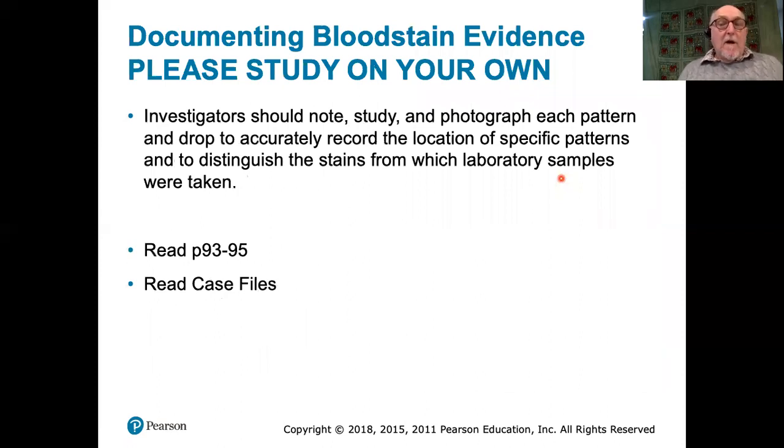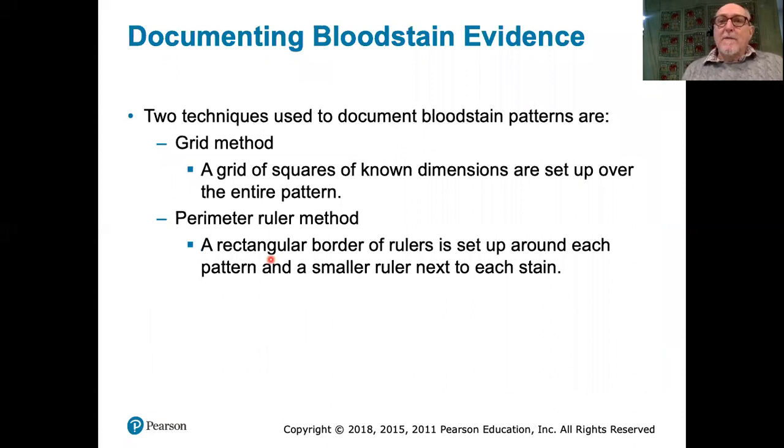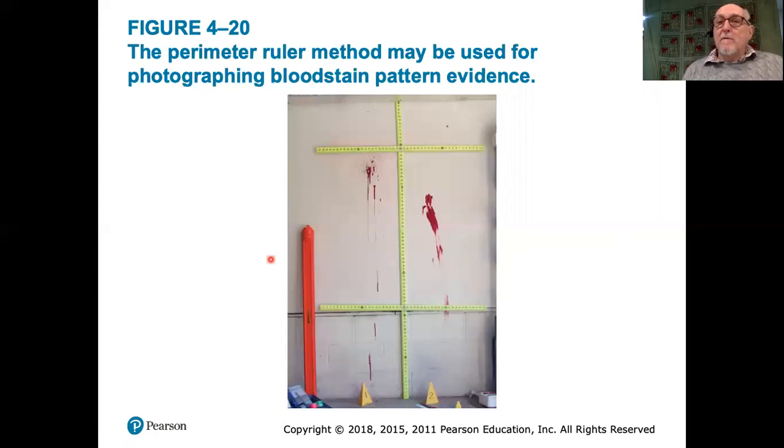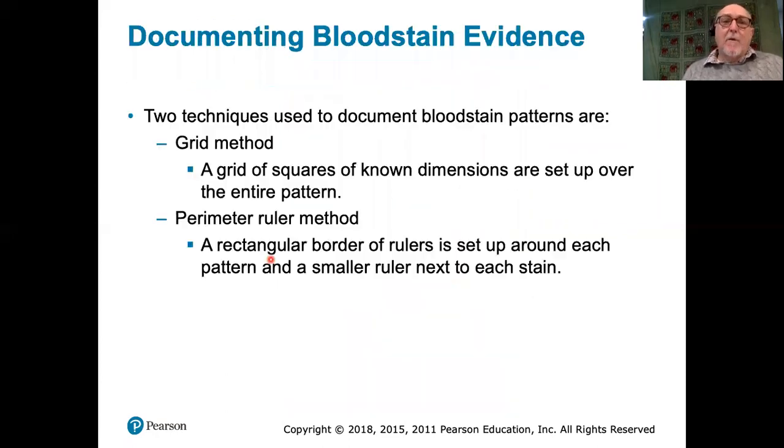Okay, so the last little bit, please, will you just read on your own? This is just a page or two about documenting. It's just two things about setting up a grid pattern or using a ruler method to actually measure the blood droplets and to document them.